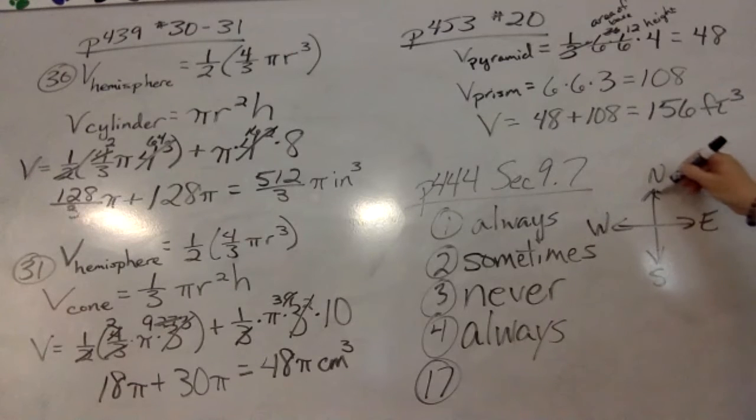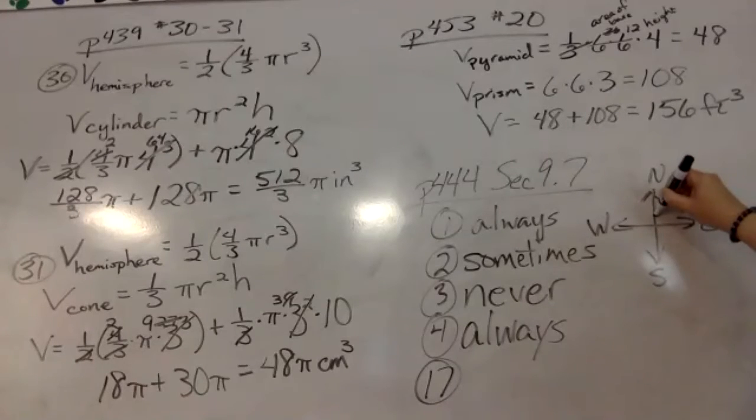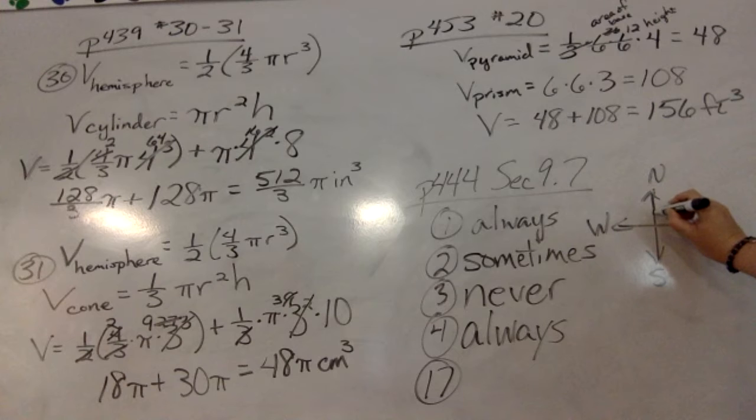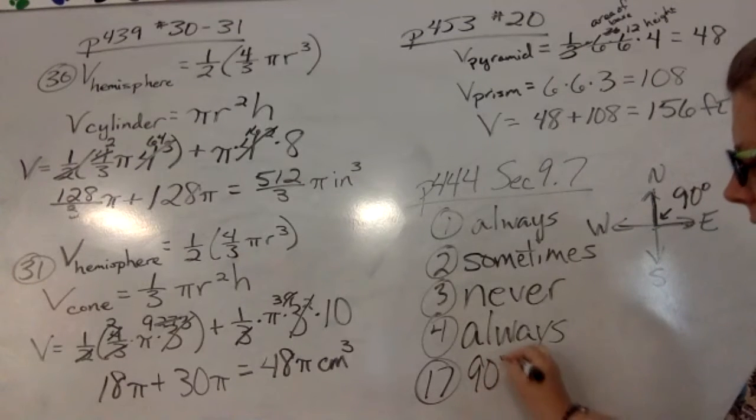If you are walking from the North Pole south, so I'm walking down this way, and then you turn east at the equator, what is the degree measure of the angle of your turn? 90 degrees, because if you're going straight down a longitudinal line and then turn east at the equator, these are going to be perpendicular to each other. So it's 90 degrees.